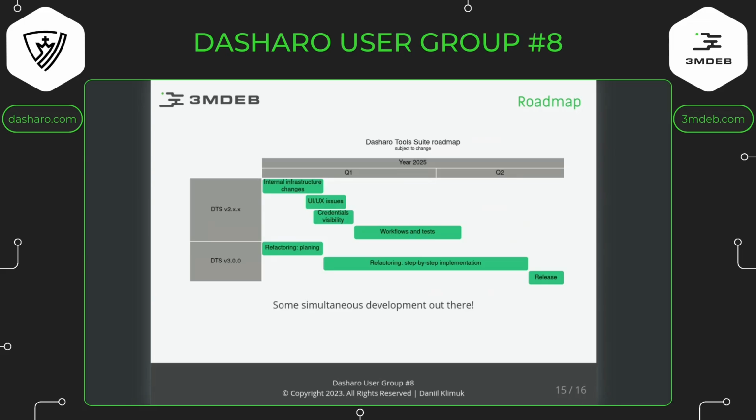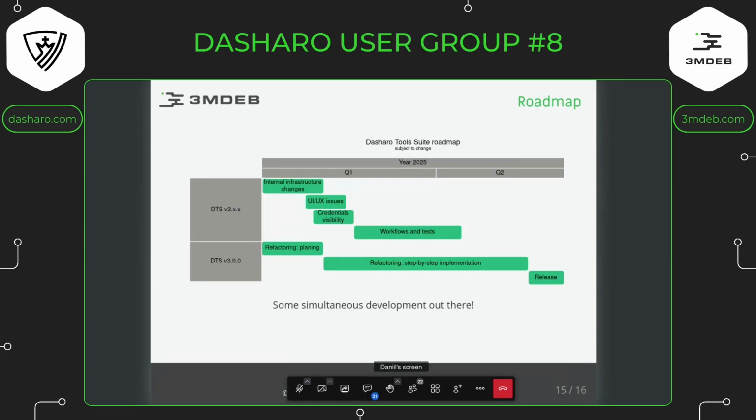And after introducing all these features, I want to share a roadmap for the Dasharo tool suite for Q1 and Q2 of 2025. As you can see, it will start with internal infrastructure changes, which will be mostly invisible for end users. But one important thing to note here: we will migrate from the currently used format of credentials to new credentials, which will be easier for end users to use.